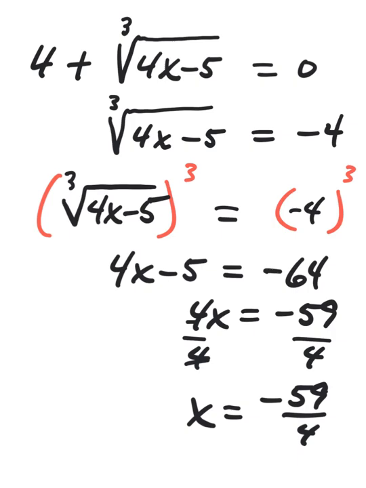If you wanted to check this in the original problem, substitute negative 59 over 4 in place of x. That would go right here. 4 times negative 59 fourths would be negative 59. Minus 5 is negative 64.